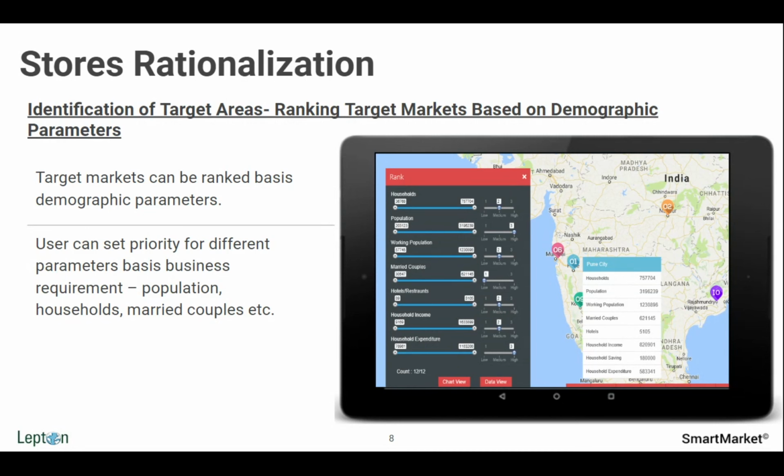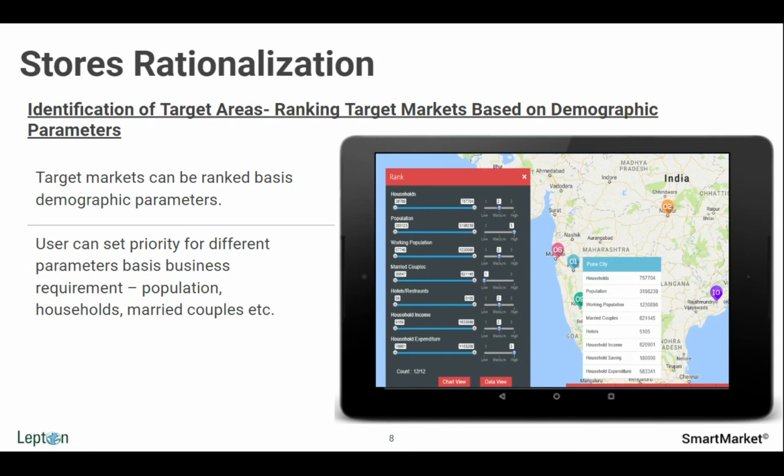For the biscuit at 100 rupees, affluence is going to play a major role. My 100 rupee biscuit is going to be purchased by people in locations which have higher affluence compared to locations which have lower affluence. This is the liberty which Smart Market gives me. It is such a dynamic tool wherein I can define the potentiality of different business parameters, and it helps me in providing ranking to different geographies.